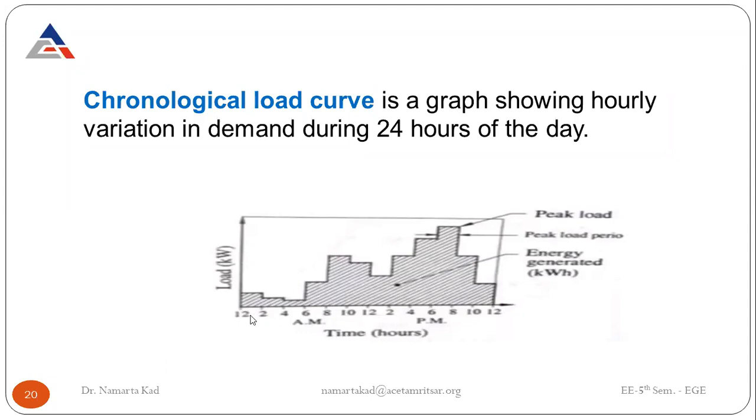Or you can simply give them as 12, 2, 4, 6, 8, 10, 12, again 2, 4, 6, 8, 10, and 12. And this is the variation of the load. Like between 8 to 10 a.m., the load is somewhere here.